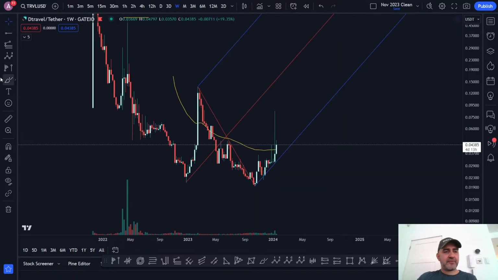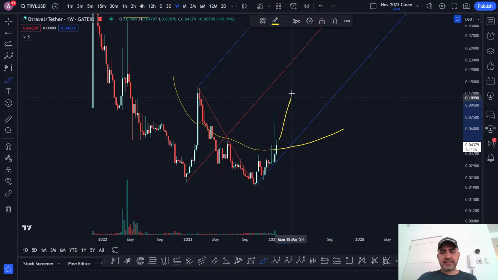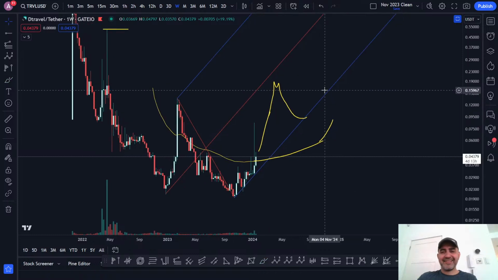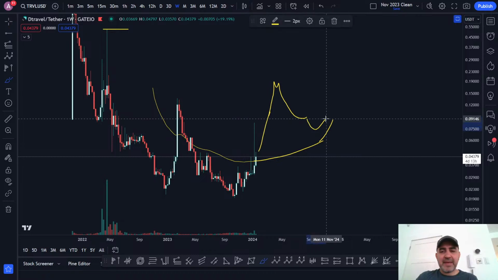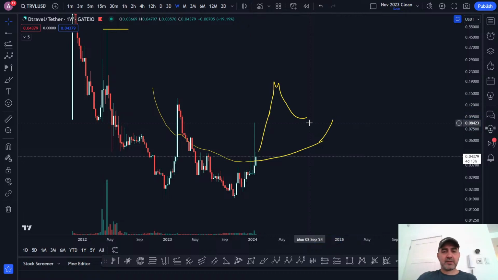And if the price does come back down to the moving average, then obviously forget about this pitchfork, but you would expect the moving average to offer support in some meaningful way.